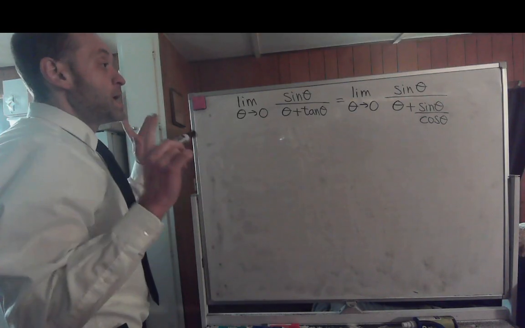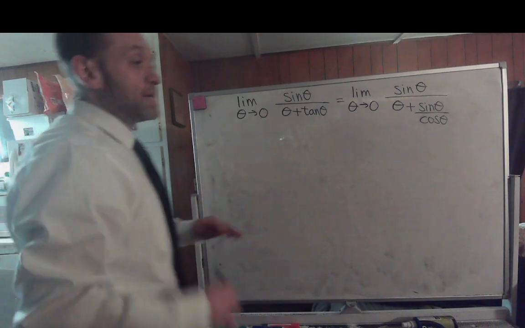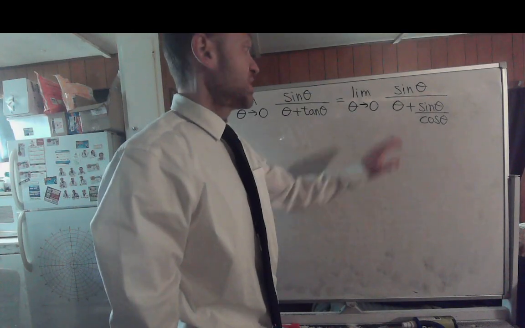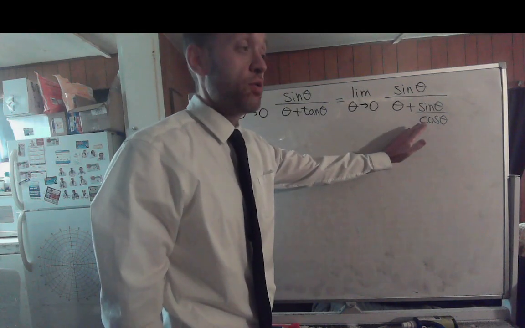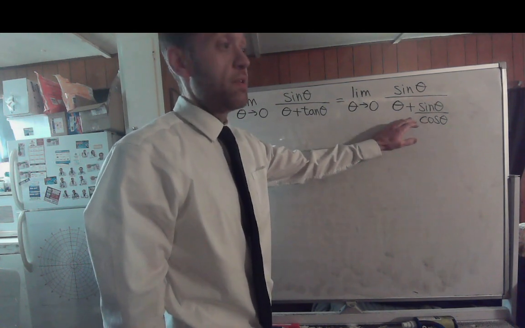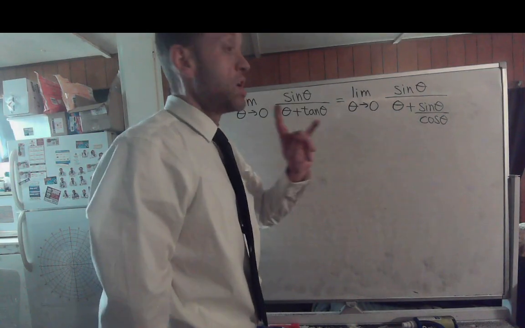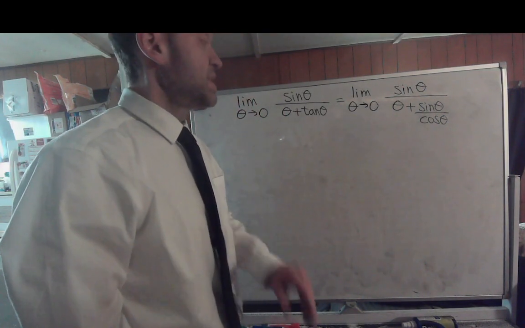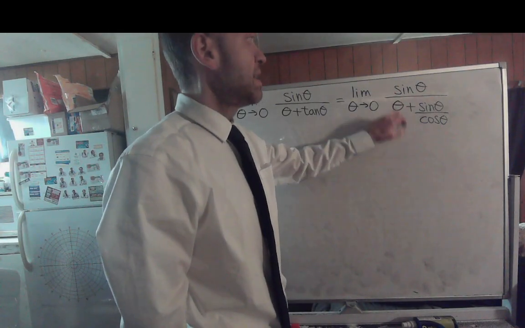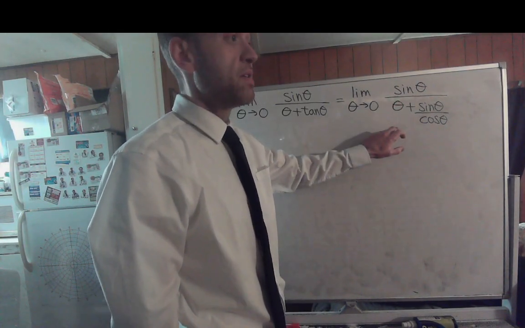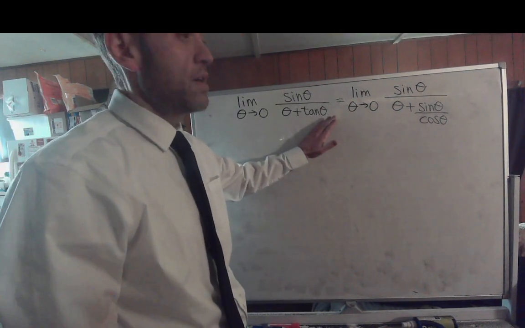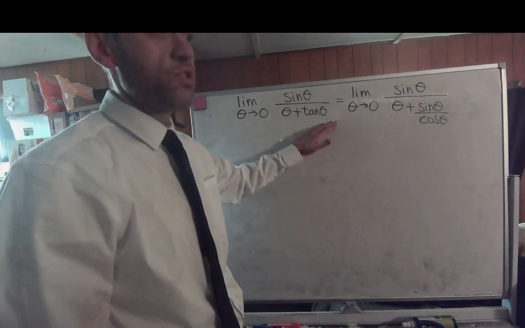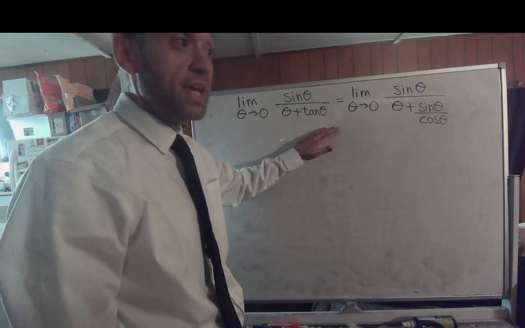Okay, now, again, this trick is best if you just have the variable itself plus the trig function of that variable in the denominator. What you're going to want to do is divide both numerator and denominator by the sine of theta. This problem actually stumped me when I was learning calculus because I spent hours trying to conjugate and I wasn't getting anywhere.